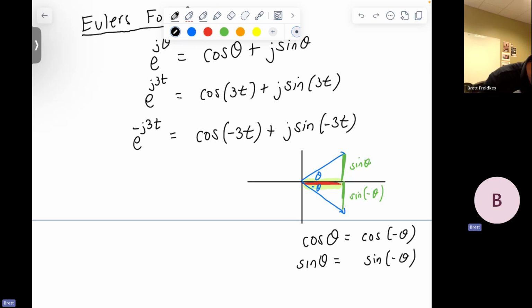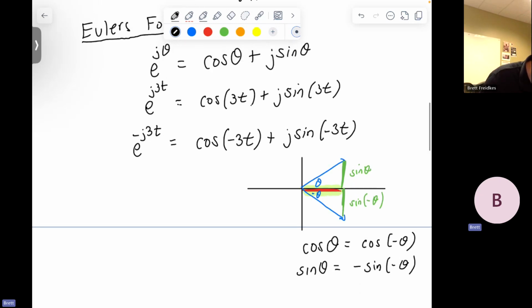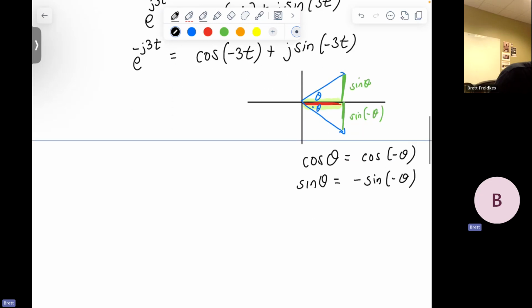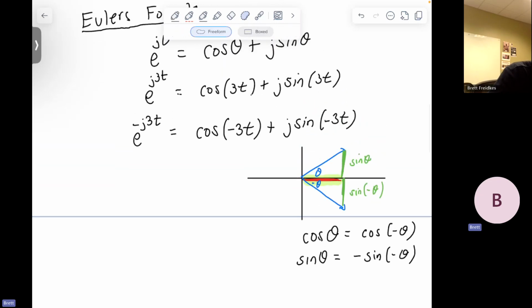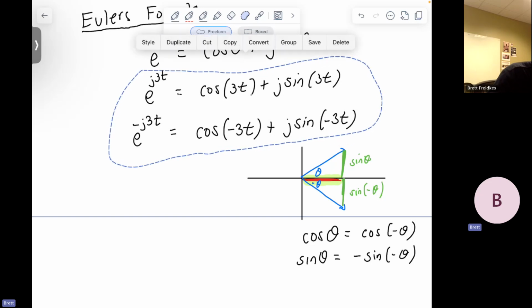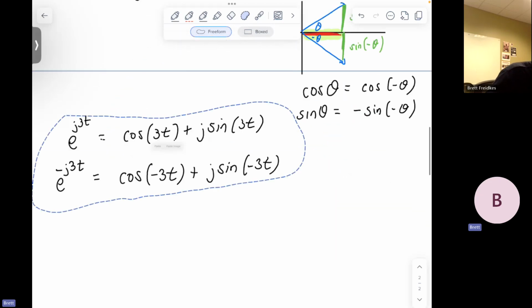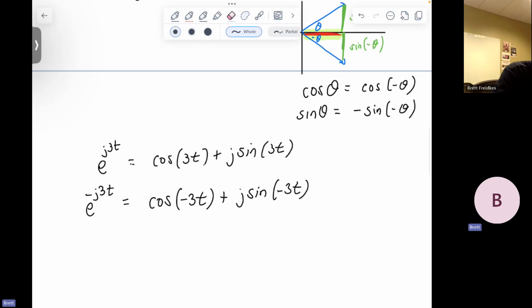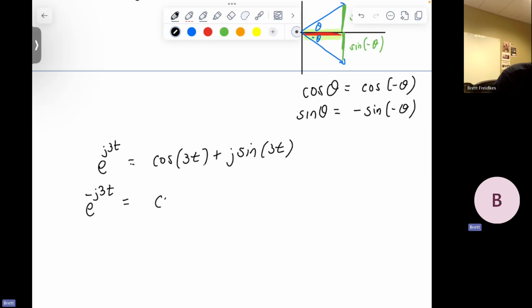That would give us this. We have to negate it. And those are some important identities. With those in mind, I can rewrite this second equation. I'm just going to copy and paste these, and I'll make some changes. I know that cosine of negative 3t is the same as cosine of 3t.